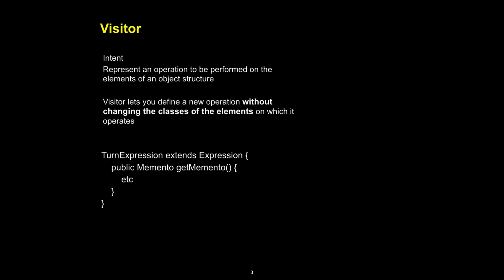Well, but your question was patterns that reduce coupling, right? And so I wouldn't say that the visitor pattern reduces coupling. It helps maintain the cohesion of the original structure.